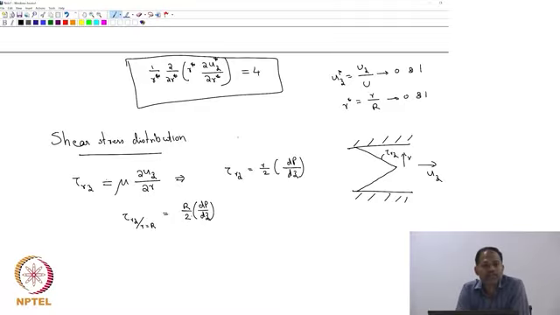So this is really the shear stress at the wall, and this is known as wall shear, and it is an important quantity because that is what actually is resisting your flow. You are pushing the fluid with a pressure gradient, the wall is opposing it. The wall is opposing it by applying a shear stress on the fluid with a magnitude that is R by 2 into dp by dz.